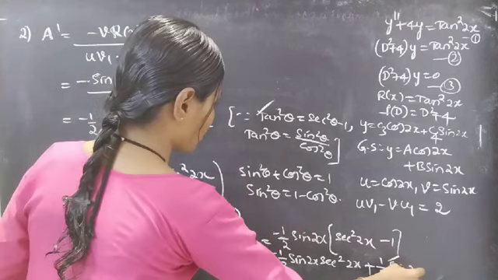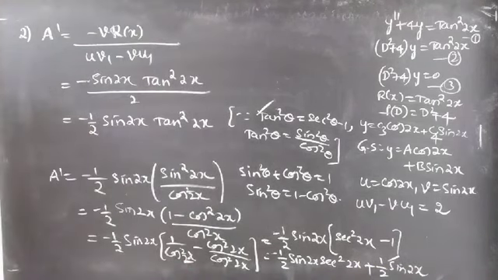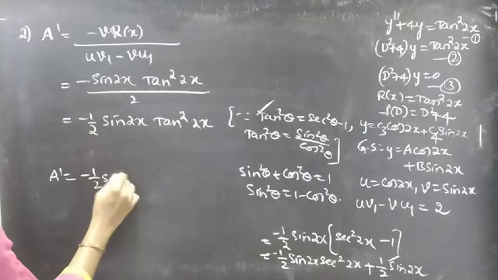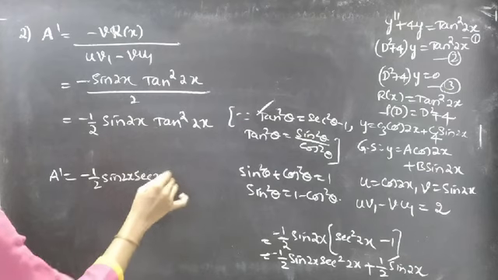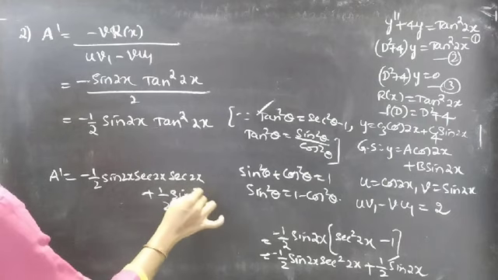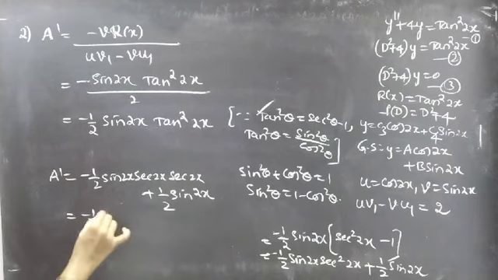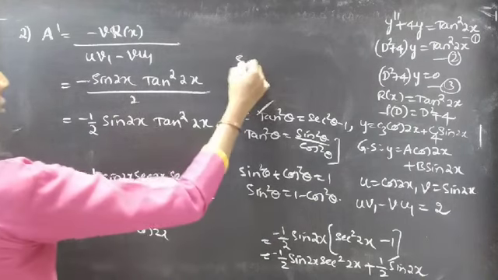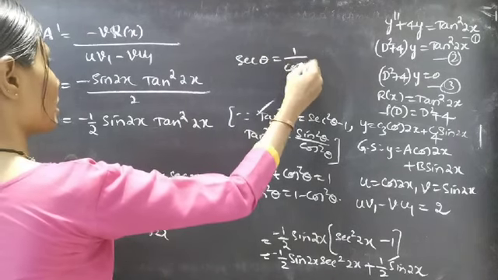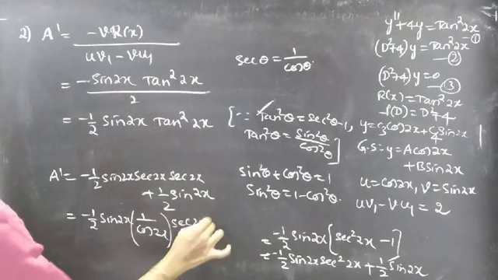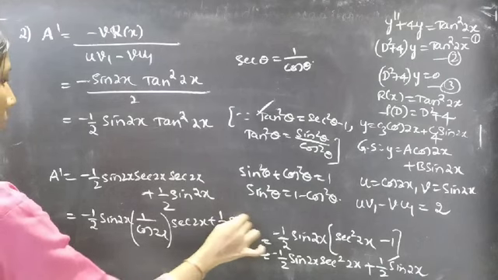Which is equals to minus 1 by 2 into sine 2x into secant square 2x, minus into minus plus 1 by 2 into sine 2x again. We can write secant square 2x as secant 2x into secant 2x, plus the second term. Now replace 1 secant 2x with reciprocal of cos 2x, because secant theta equal to reciprocal of cos theta. Okay, into secant 2x plus 1 by 2 sine 2x.